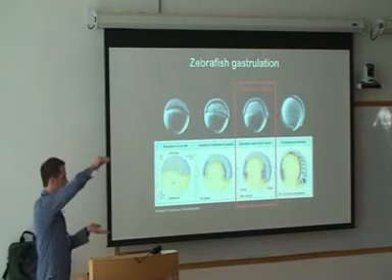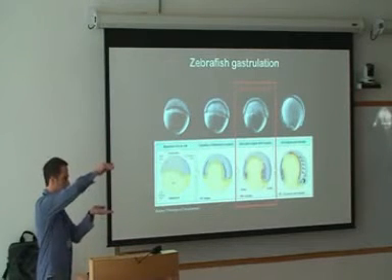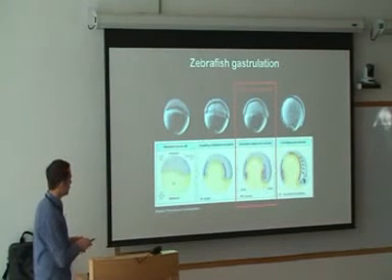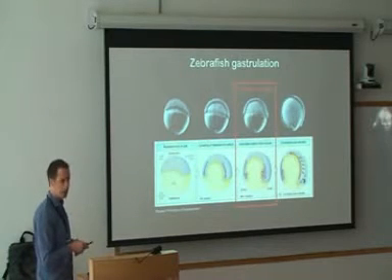By undergoing radial intercalation, you take the tissue and change the thickness along one axis, and you extend it along the other two axes. So it's an intercalation movement which leads to the extension of the cell mass over the yolk cell.